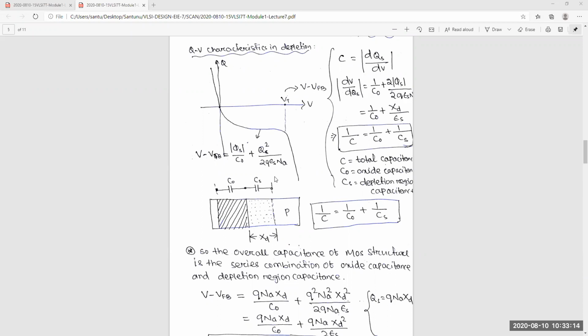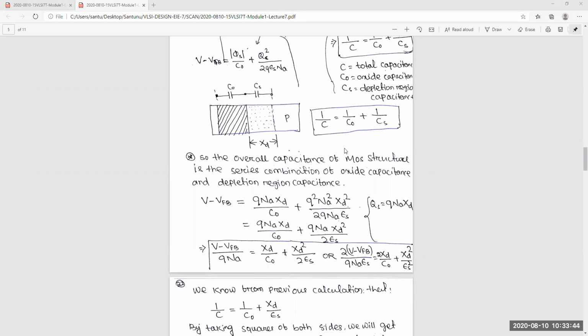Yes. So you understand from this, if two capacitances are back to back, in series, the overall capacitance will be less. That's why once this increases, this part will also decrease. Finally the series combination will decrease.